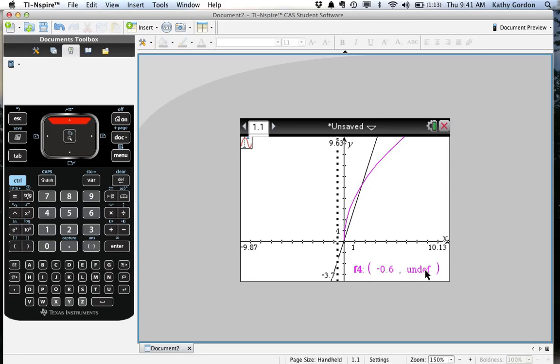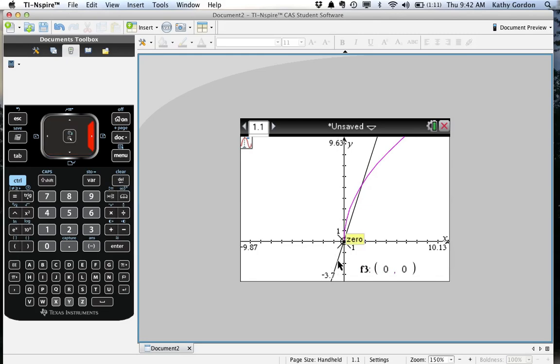Notice it says that's undefined because my purple graph here does not go less than 0. So if there's nothing from my other function to work with, to add or subtract to the y value from my linear, then I can't get any kind of result in that interval of values.